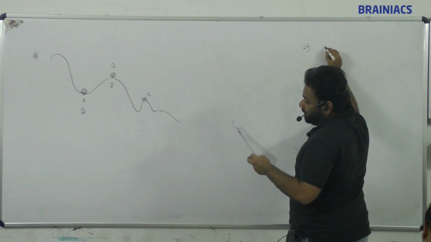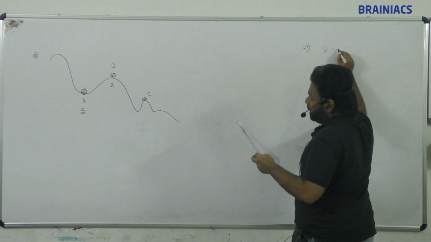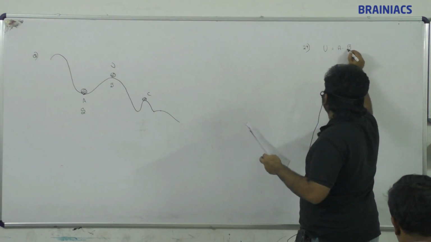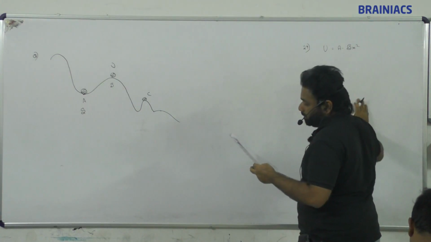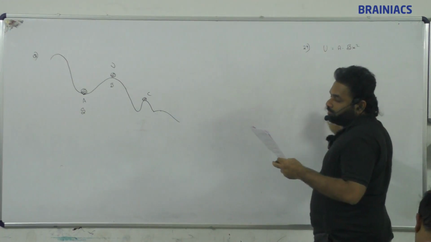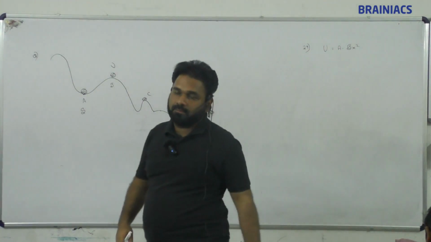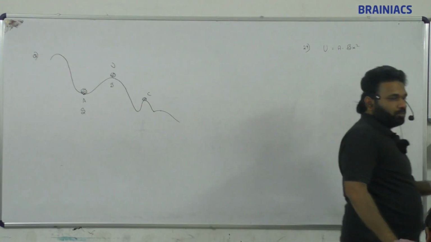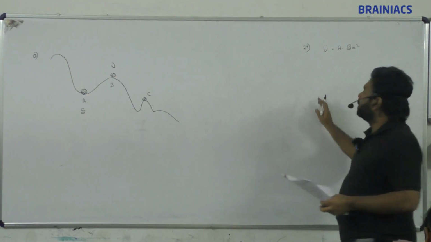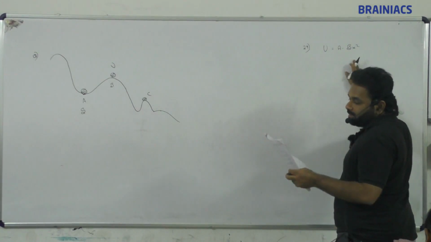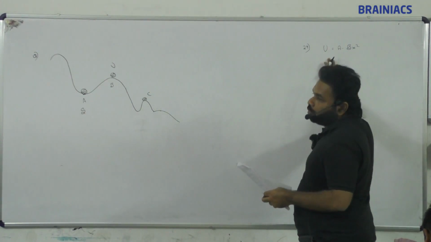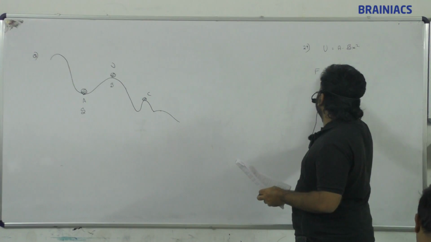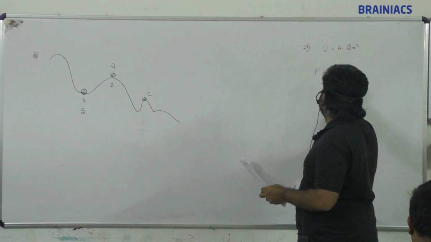The potential energy of a body is given by U is equal to A minus b x square. The magnitude of force acting on the particle is proportional to x. Very easy, right? So F is equal to minus du by dx.